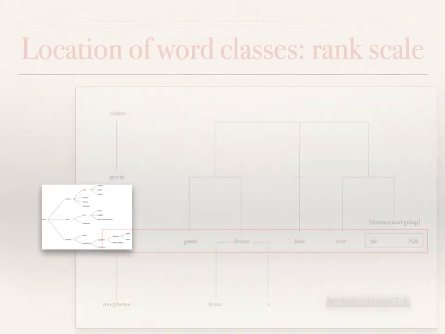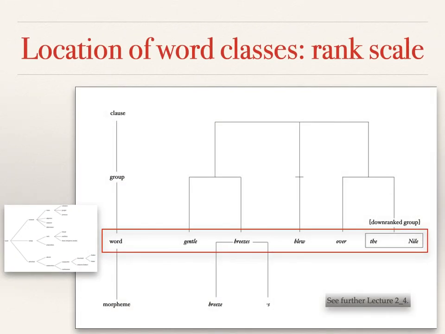So here's another example. And just a reminder that if you focus on words, as traditional grammarians did, you relate them not directly to clauses, but via groups to clauses. And you also recognize that words, in turn, in a language like English, consist of other grammatical units, morphemes.